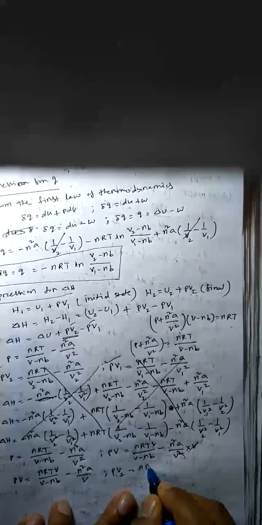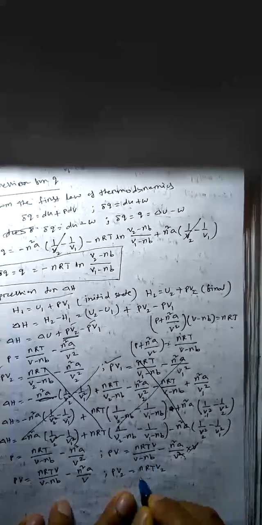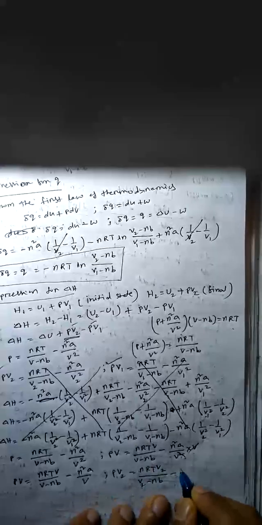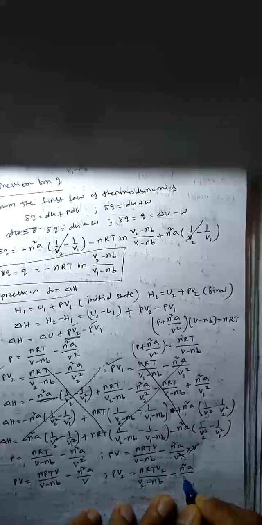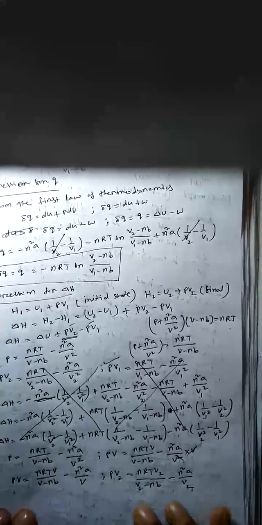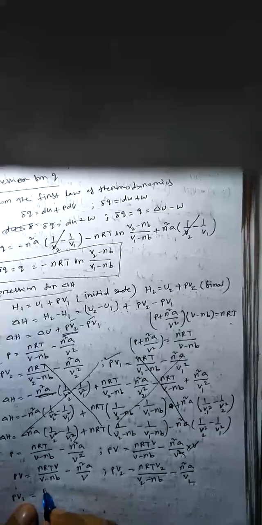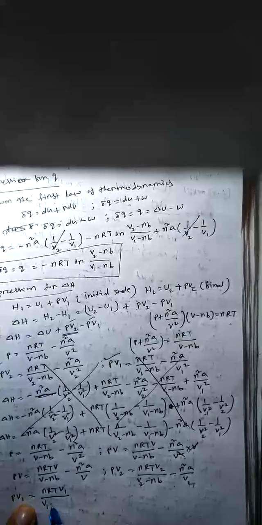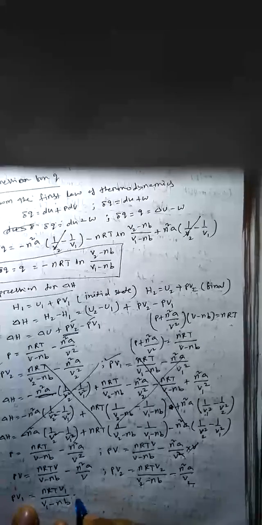That means it becomes nRT V2 divided by V2 minus nb, minus n square a by V2. Okay, this is PV2. Then we need PV1. So your PV1 becomes nRT V1 divided by V1 minus nb, minus n square a by V1.